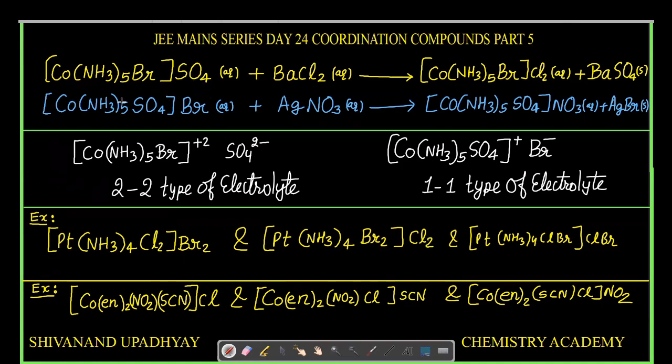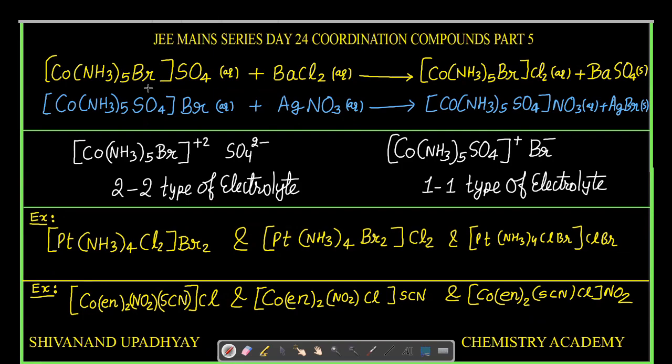The other isomer does not give a precipitation reaction with BaCl2, but it will give a precipitation reaction with AgNO3. We know that pale yellow AgBr will form. By weighing, we can find out how many Br minus ions are outside the ionization sphere. So these two can be distinguished by weighing the mass of the precipitate formed.